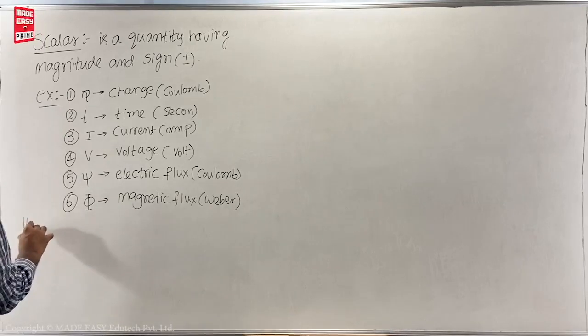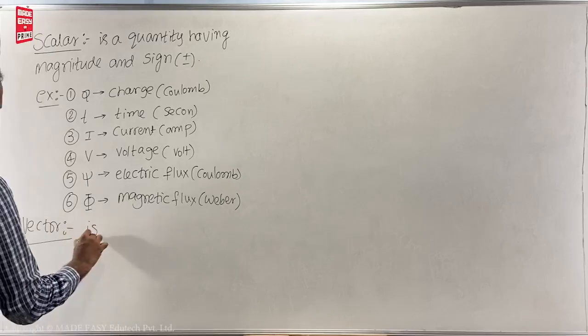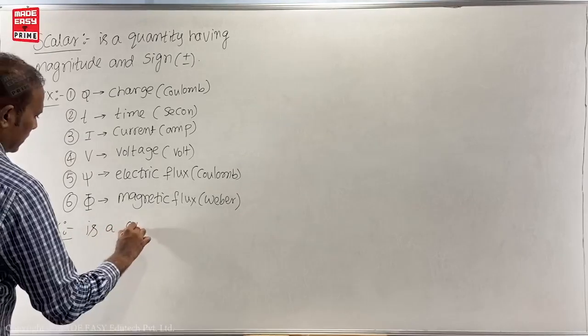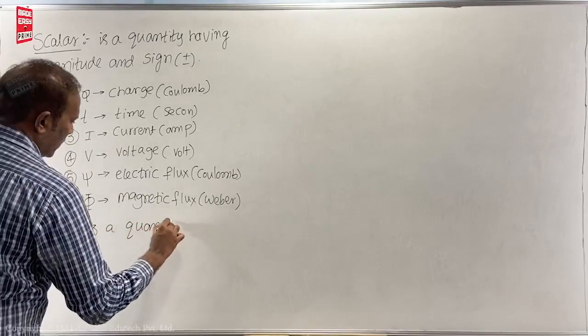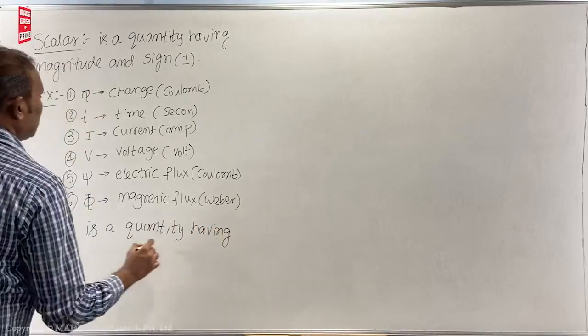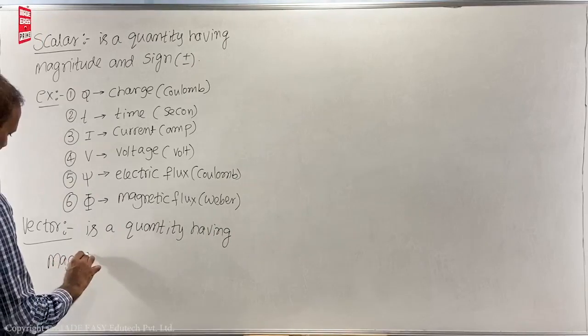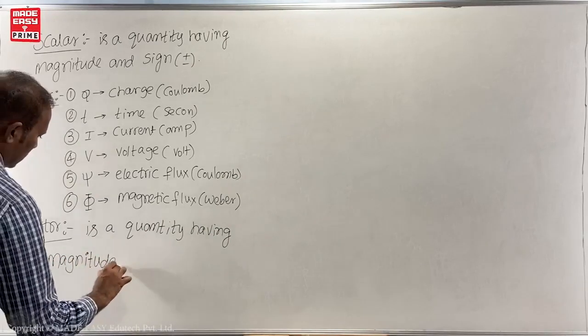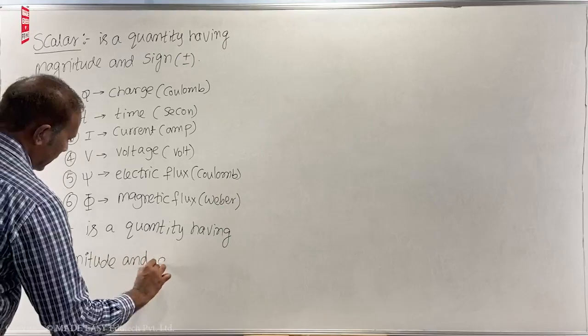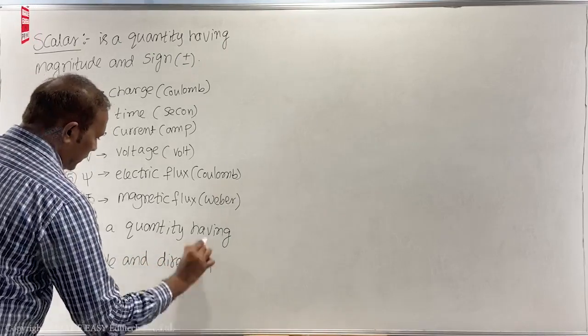Now what is vector? Vector is a quantity having a magnitude and direction.